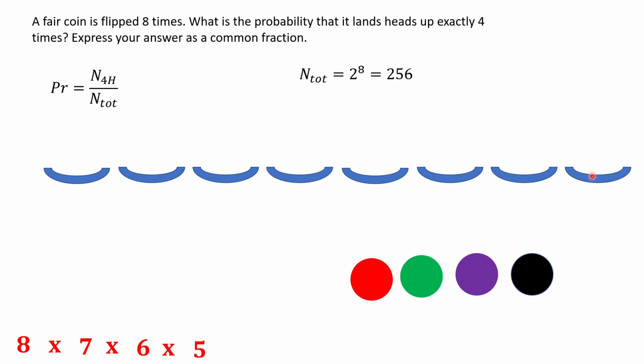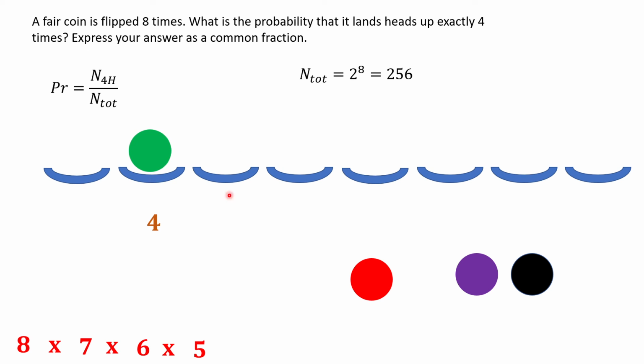Alright, I have 4 balls. And first, I want to put a ball in this position. That's the first position for me. How many ways can I put a ball here? Well, there are 4 balls, so there are 4 ways to put a ball here. Let's put some ball there. It's one of the ways out of 4.